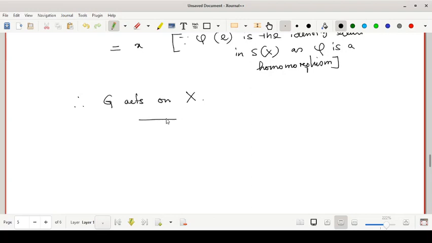I say that if there is a homomorphism F from G to the permutation group Sx, it means I can define an action with the help of F, but it does not mean that that action is the only action. There may be other actions also. But if there is no homomorphism, then you cannot have an action of G on X.